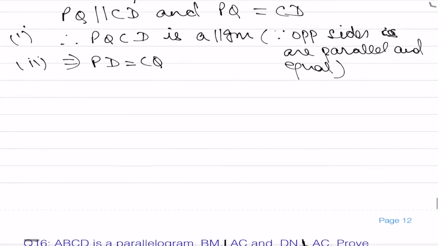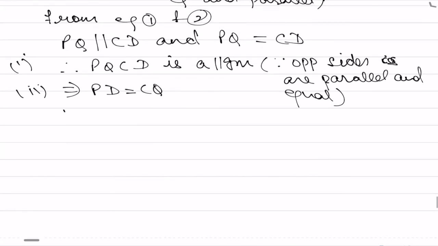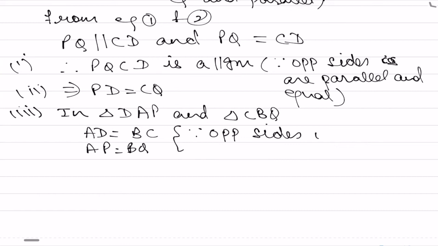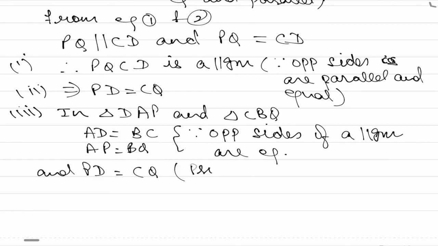So here now we will prove the congruency in triangle DAP and triangle CBQ. First, AD is equal to BC, AP is equal to BQ because opposite sides of a parallelogram are equal, and PD is equal to CQ proved above.